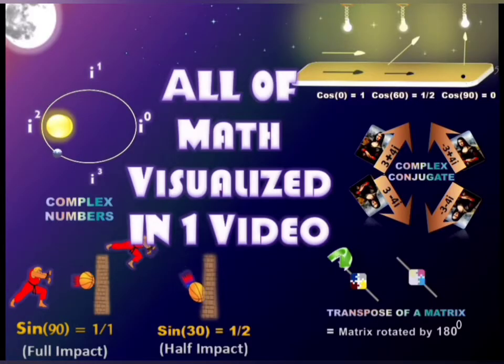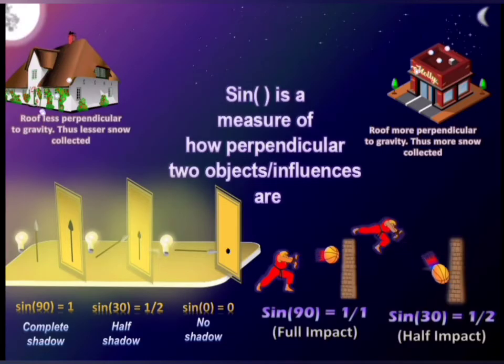What if there's an ebook where at least the building blocks of math can be visualized with the help of intuitive images, like the way you're seeing on the screen? What if sine theta can be visualized as a measure of how perpendicular two forces or influences are.